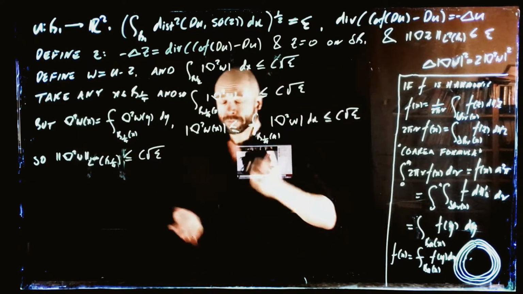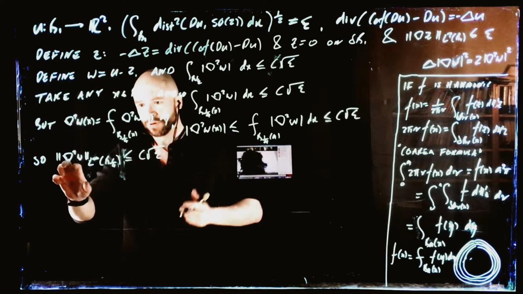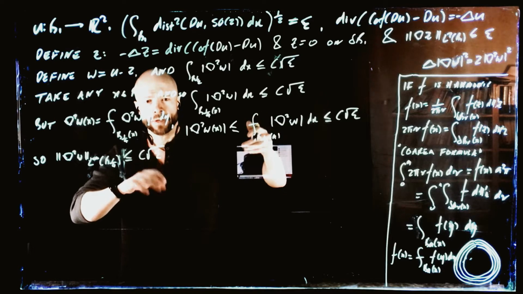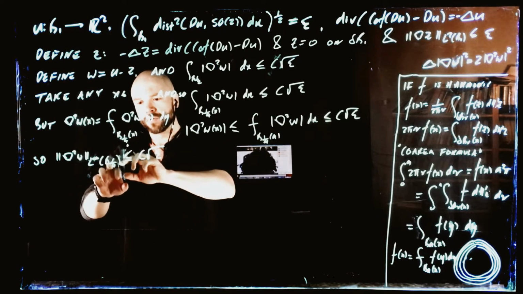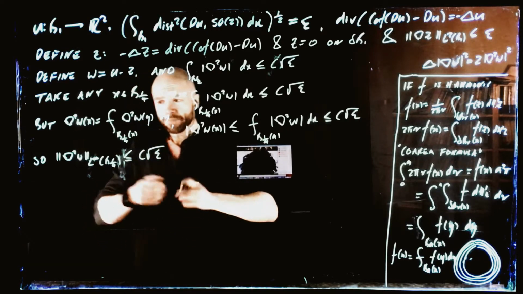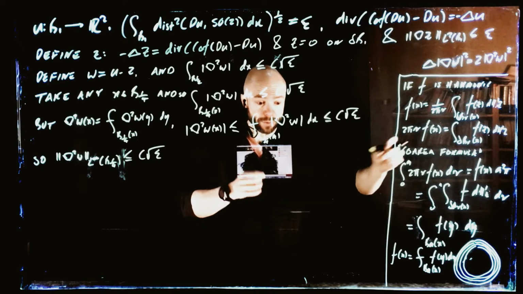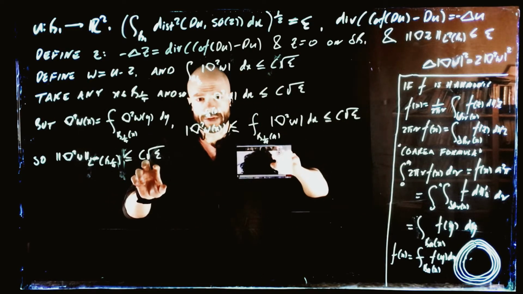All right, so that's pretty good news, right? So everything is smooth. The second derivative is uniformly bounded above by square root of epsilon, right? Which means that whatever gradient we take inside the ball of radius a quarter, then the distance between that gradient of w and any other gradient inside the ball of radius a quarter has to be less than square root of epsilon. Yeah?